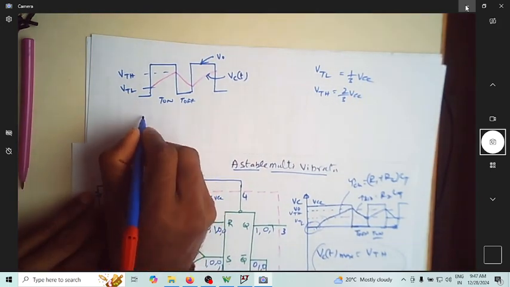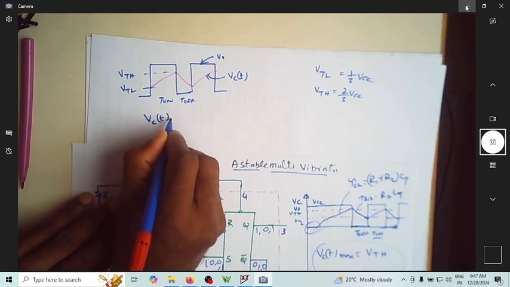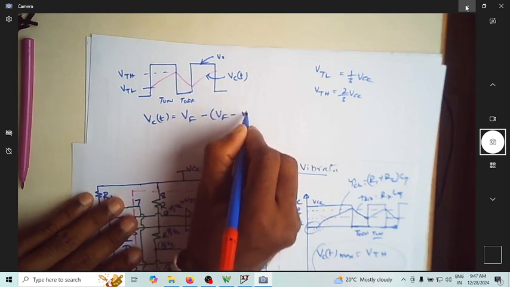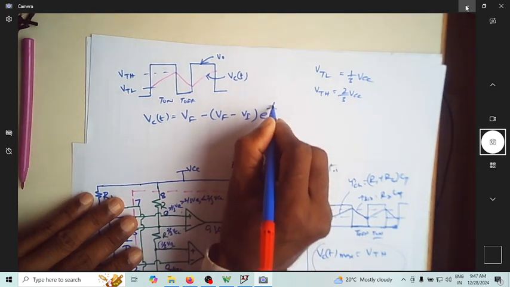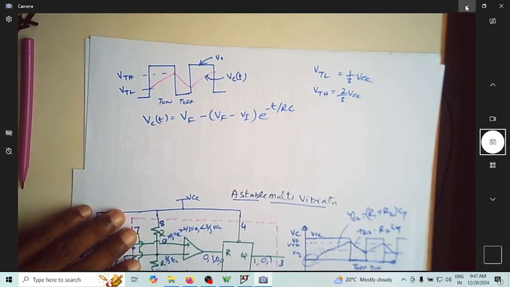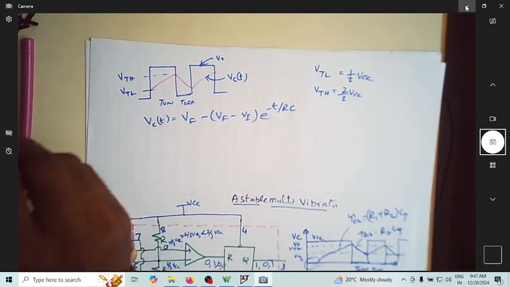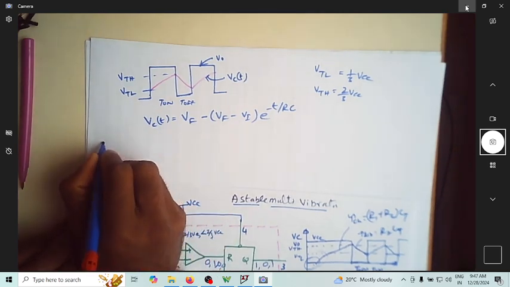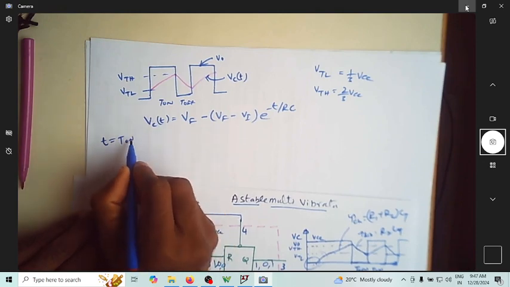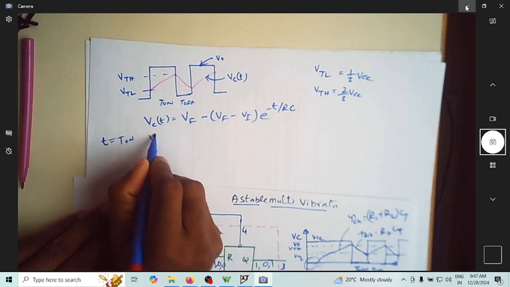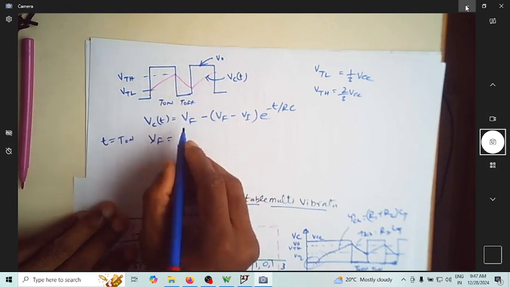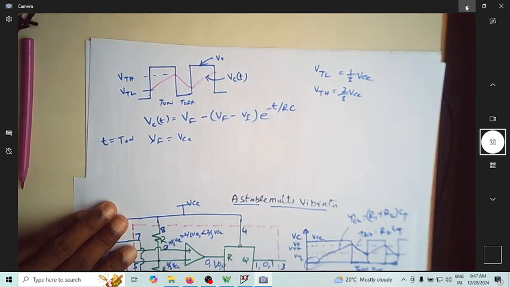So we know the typical capacitor equation: VC of t is nothing but V final minus V initial e power minus t by RC. This is the typical RC time constant expression for the capacitor. For this particular circuit, for t equal to T on, what is V final? V final is the voltage to which the capacitor may charge if t is infinity, which is equal to VCC now.